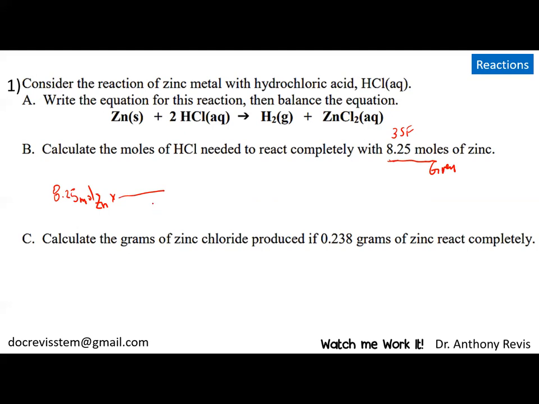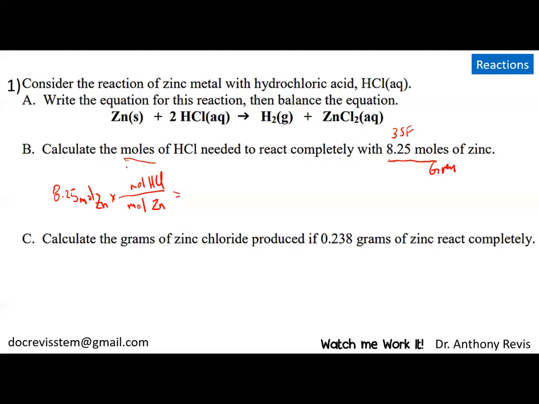And I'm going to say I have zinc here, and so it's moles of zinc. What we want to do is know how many moles of HCl. So we can always go mole to mole right away, moles of HCl. And that should give it to us right there.